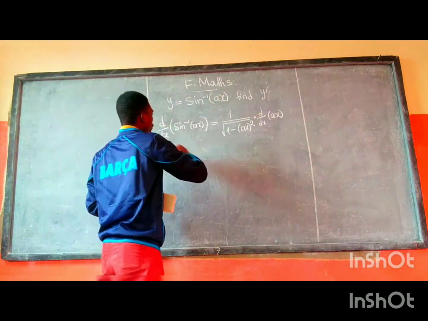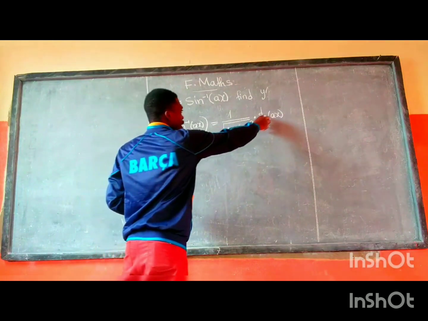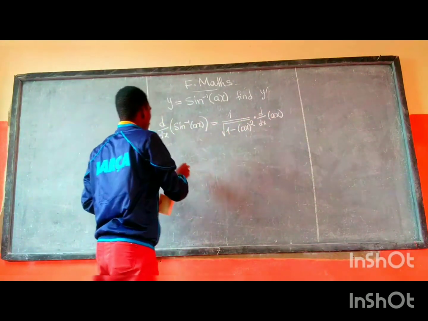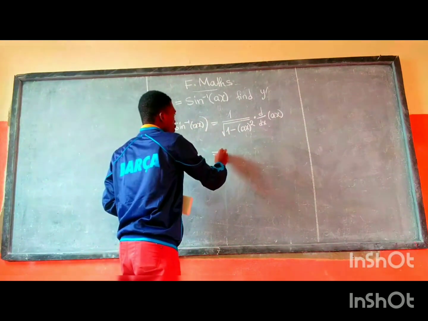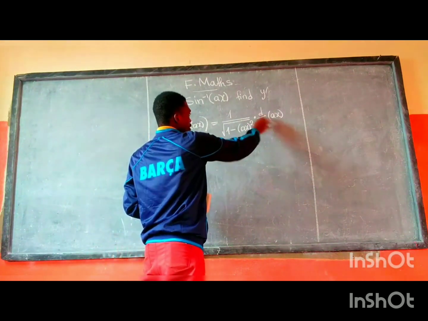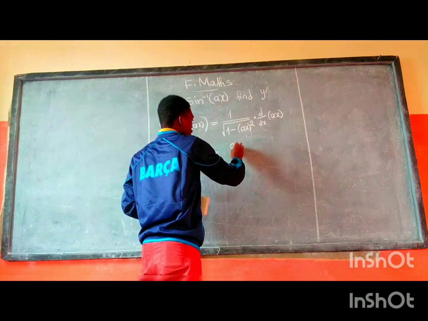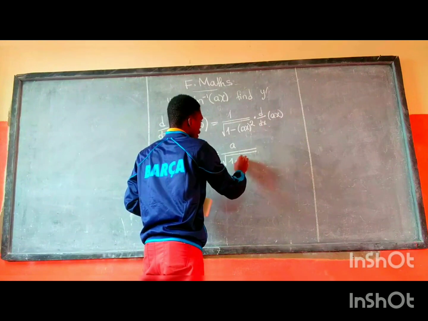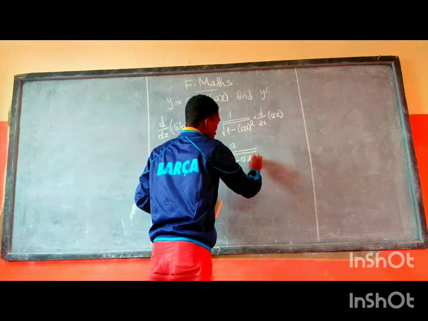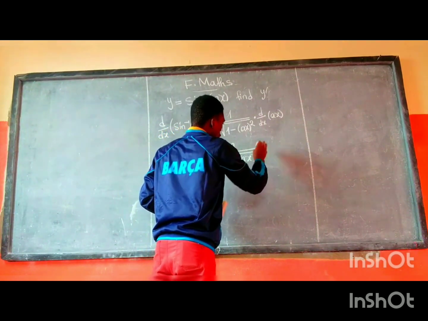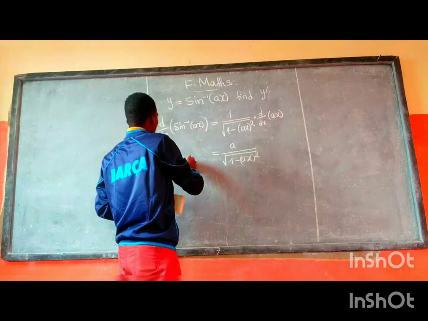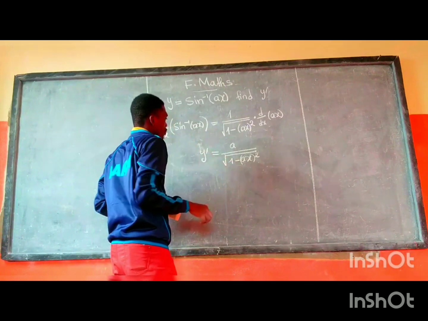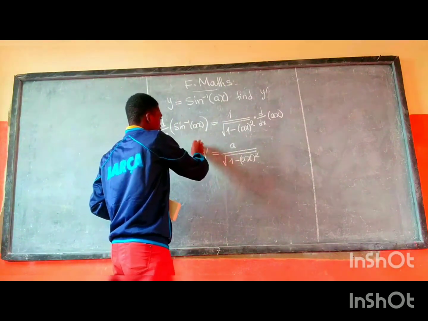So with this now, I know that when I differentiate ax with respect to x, I have a. So this is going to be a over the square root of 1 minus ax all squared. So this is the value for y prime, which is dy/dx.